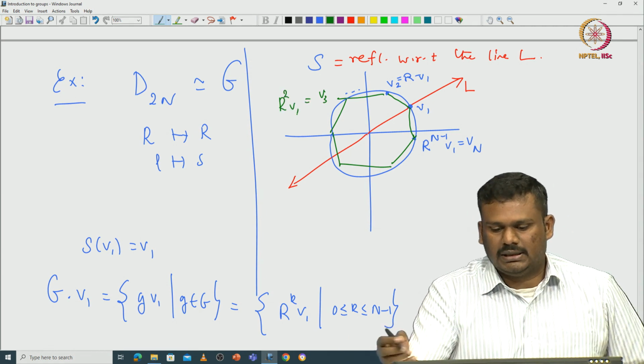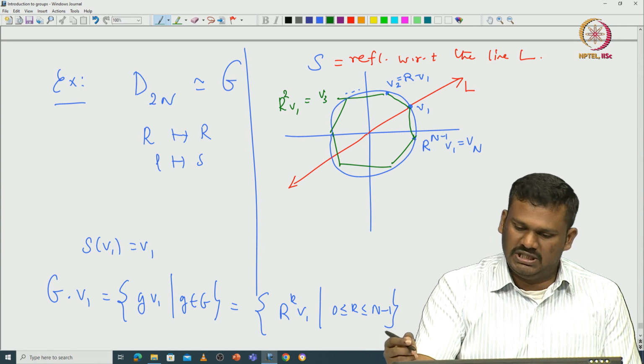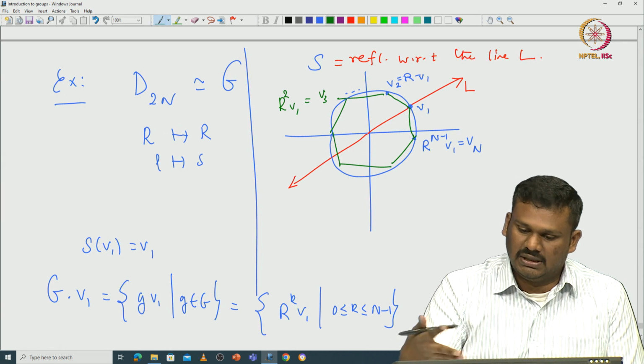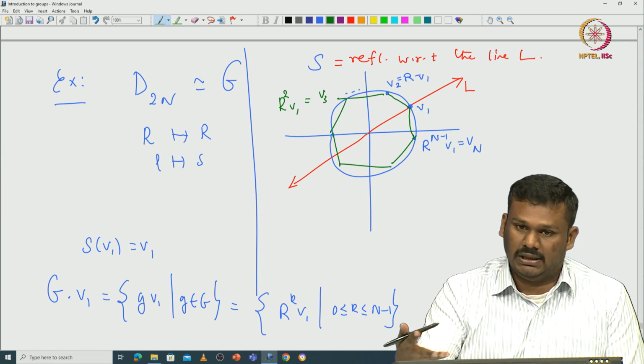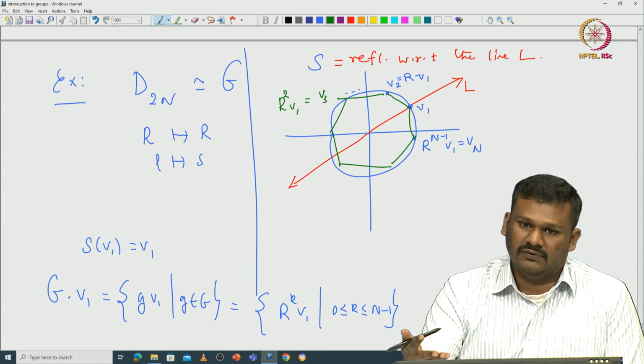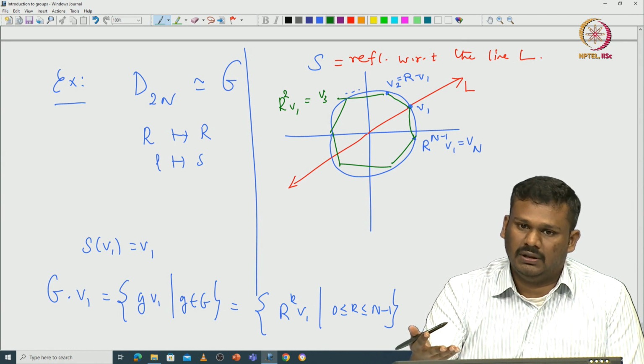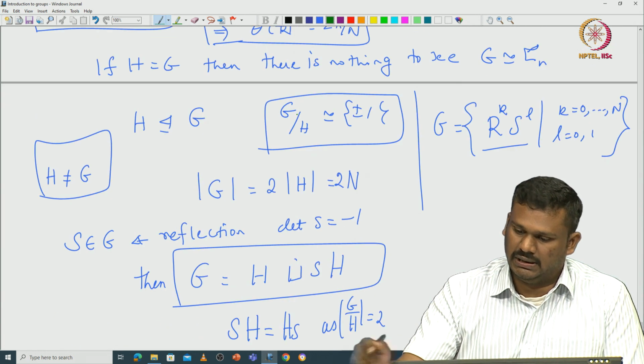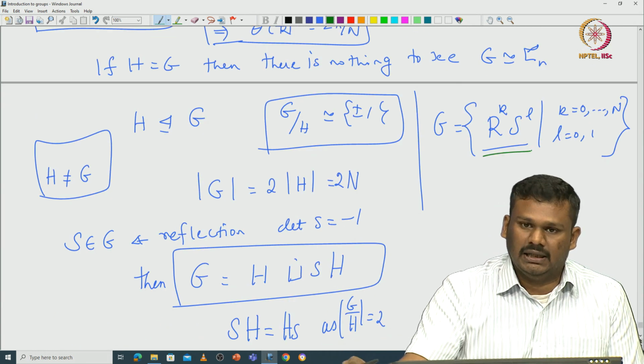Now, it is clear that your group G leaves this n-gon invariant, and the symmetries of this n-gon are going to be exactly your G, because it will have exactly 2n elements, and these are all the elements that you have already listed. So, they are all distinct elements. Why?